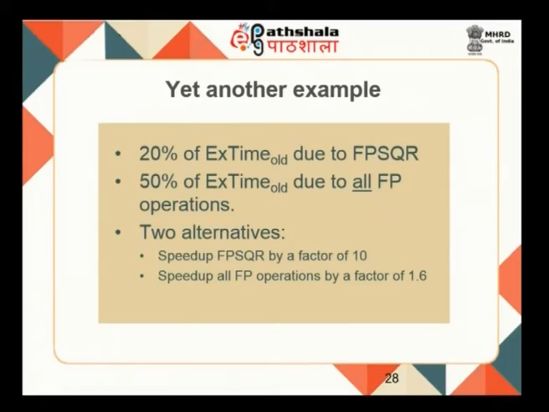By just looking at this, we will not be able to make a design decision. So using Amdahl's law, try to quantify the speed ups that you will get because of both these design alternatives, and once you have quantified the speed up values, you will be in a position to make a better choice about the design alternatives.